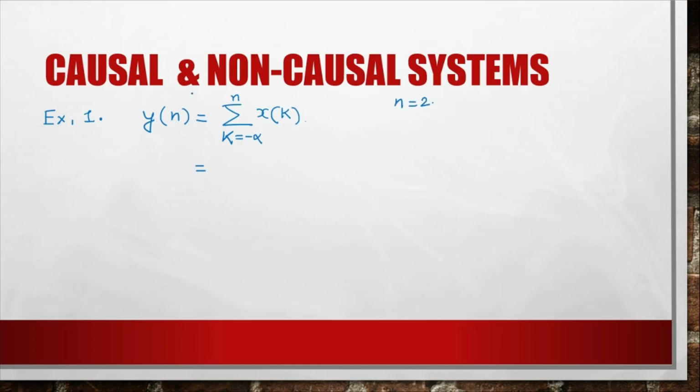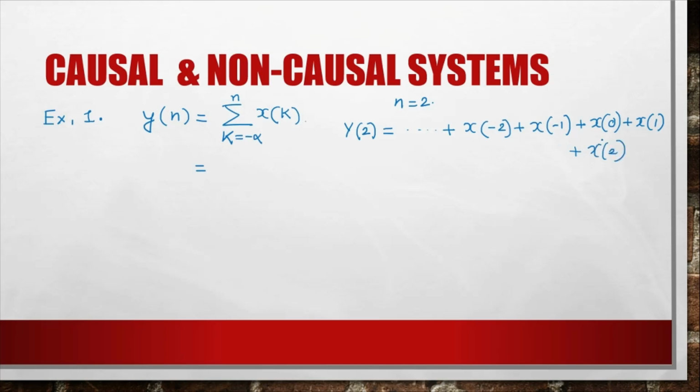You will get all the negative values, x of minus 2, x of minus 1, which are all previous with respect to 2, and then x of 0, which is also previous with respect to the instant 2, x of 1, and then x of 2.